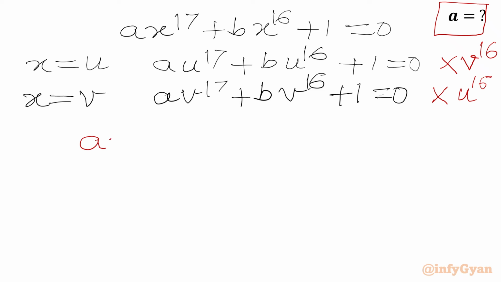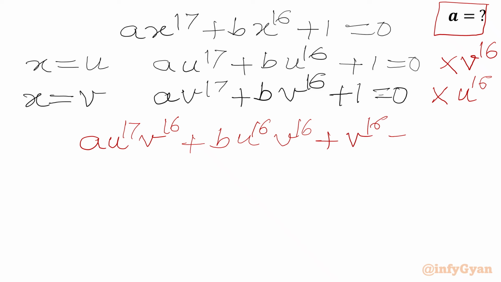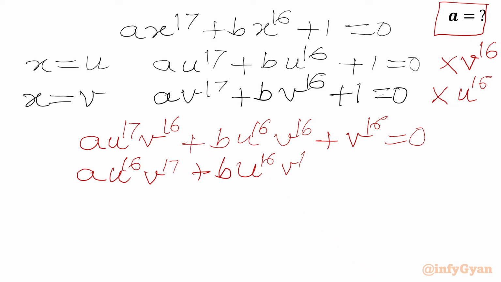I will write here a u power 17 times v power 16 plus b u power 16 times v power 16 plus v power 16 equal to 0. And we'll write our second equation a u power 16 v power 17 plus b u power 16 v power 16 plus u power 16 equal to 0.